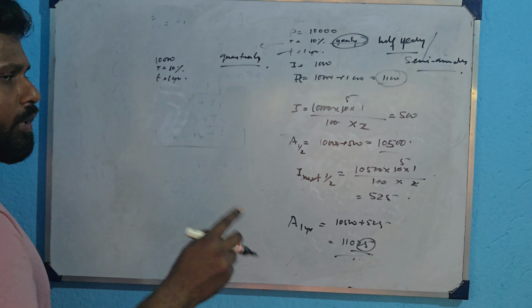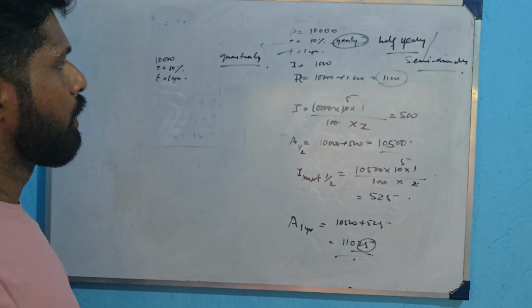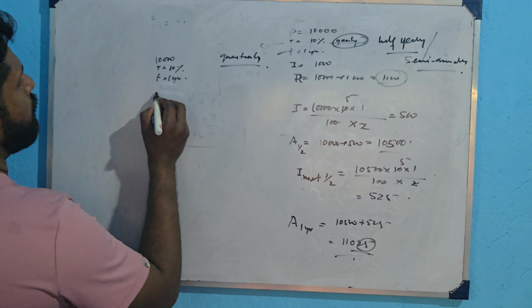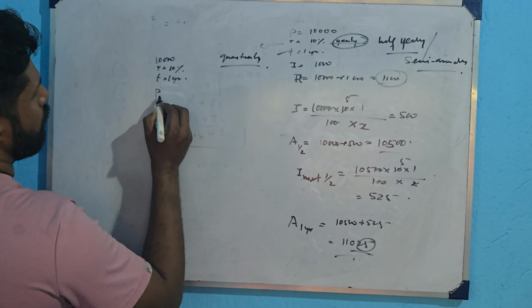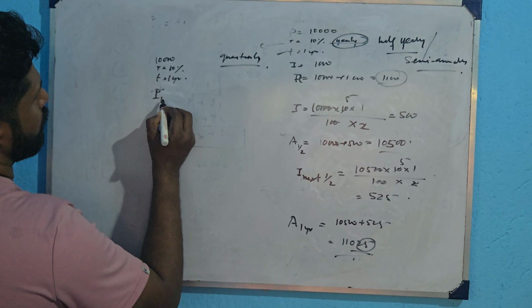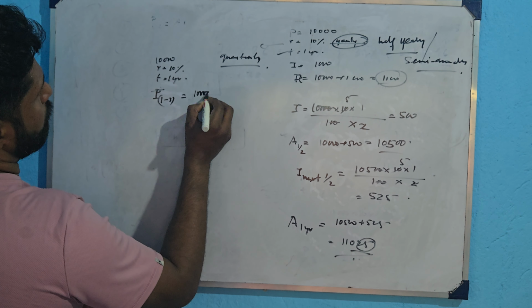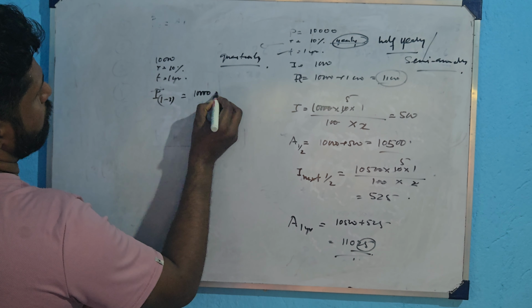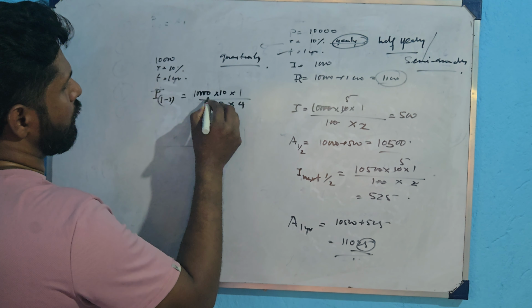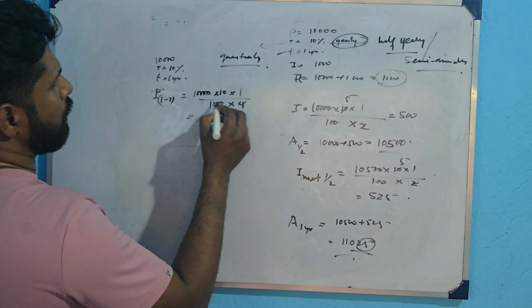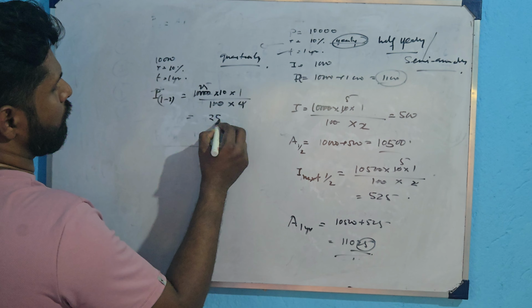The thing will be taking place for 1 year only. So interest for the first 3 months will be P R T by 100. So 3 months means 3 by 12, 1 by 4th year, by 100, 250.